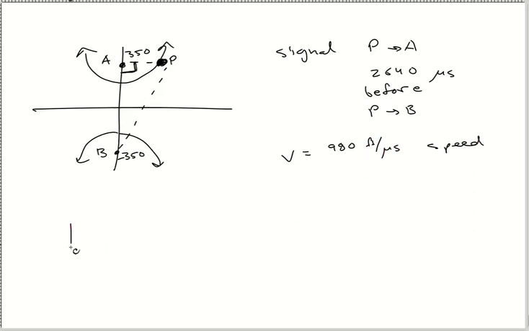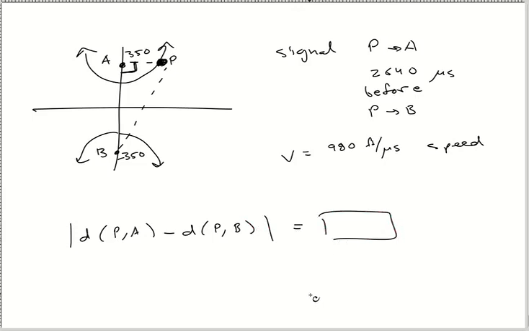First off, they ask: what is the distance PA minus the distance PB, and the absolute value of that? And I'm already lost about what you're asking. Well, I'm going to give you what it is very quickly. It's 980 divided by 2, which makes 490. That's what they're wanting in part A. If that made any sense to you, you tell me why.